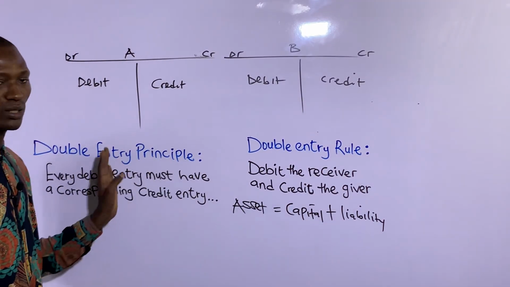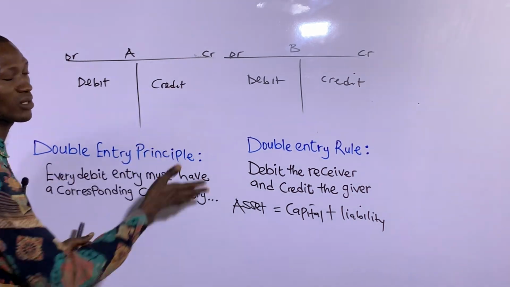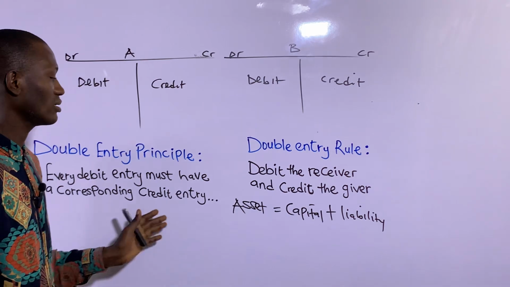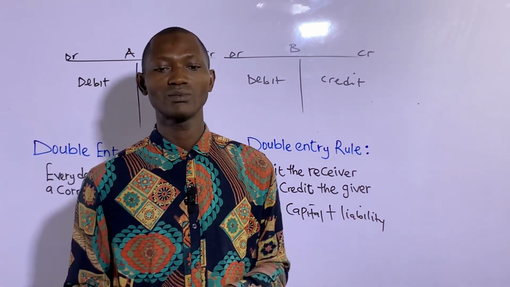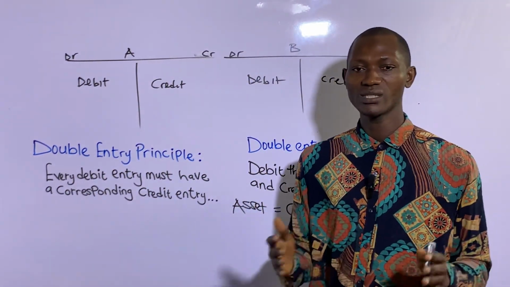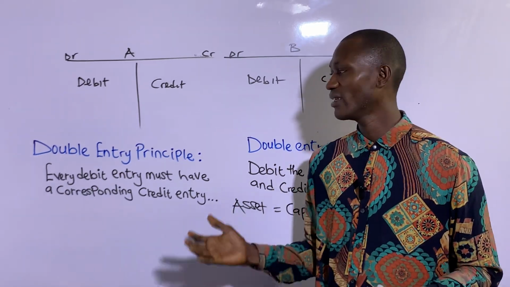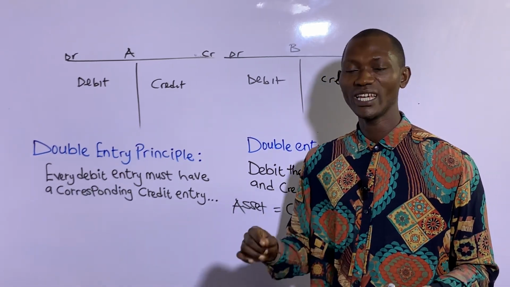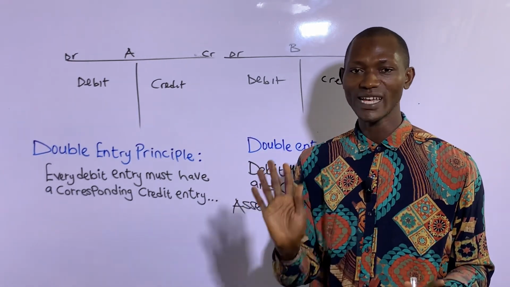We also talked about the double entry principle, which is one of the components of the double entry system of accounting. In summary, it states that for every debit entry, there must be a corresponding credit entry, and for every credit entry, there must be a corresponding debit entry in a financial transaction.